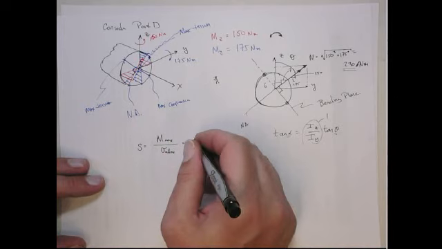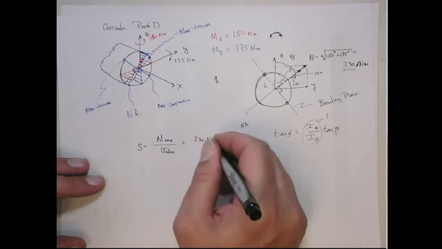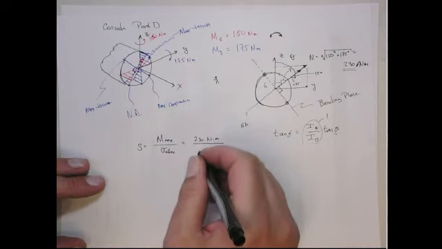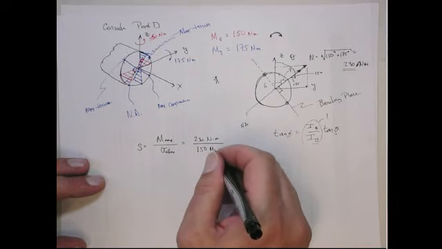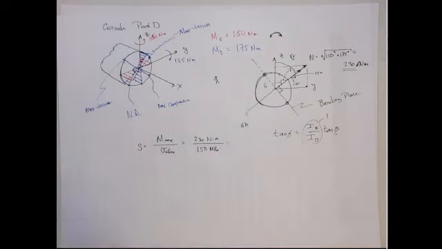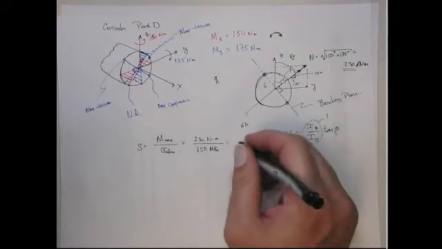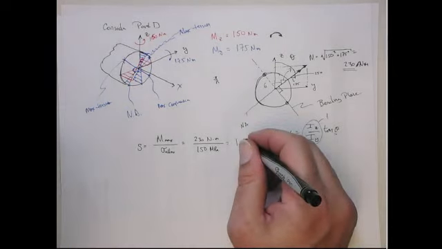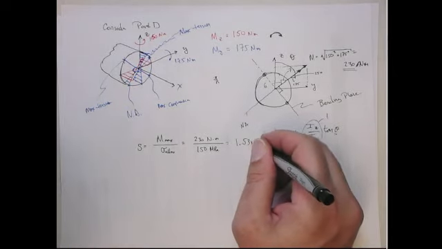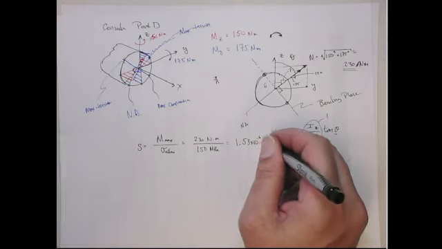So that's the 230 over the 150 megapascals. And that's going to give me 1.53 times 10 to the minus 6 meters cubed.